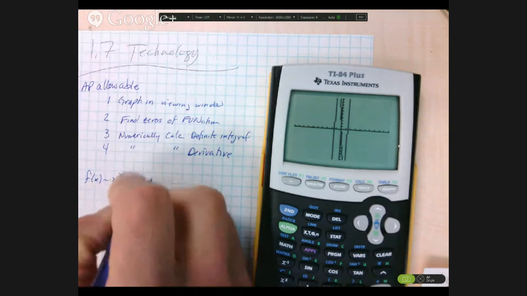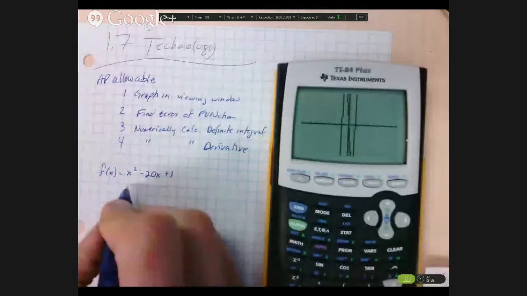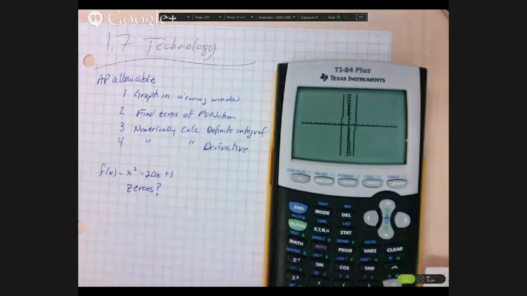How many roots or zeros does this have? Let me see. Like 0. How do you know that?